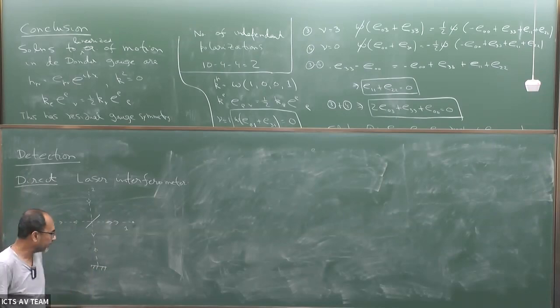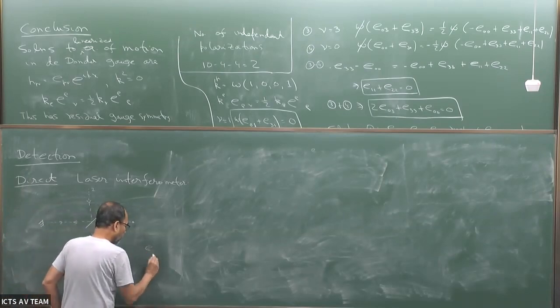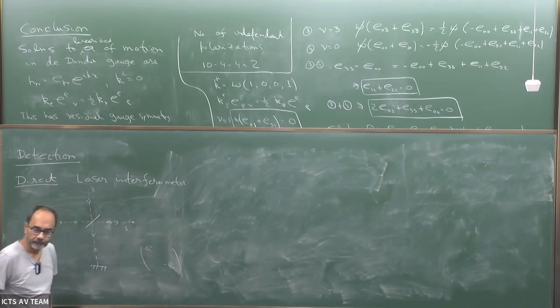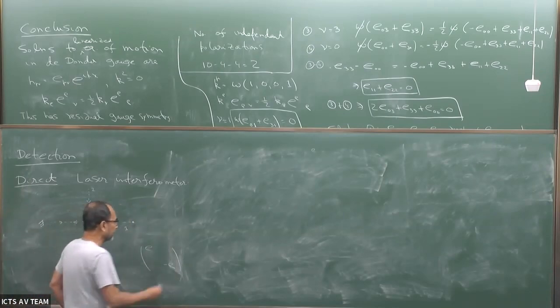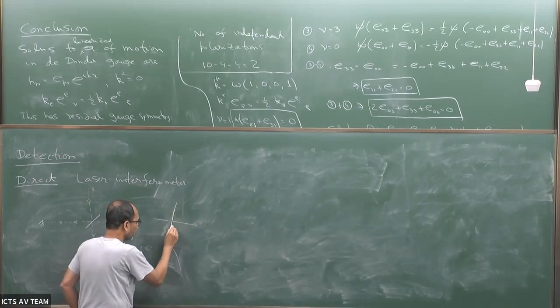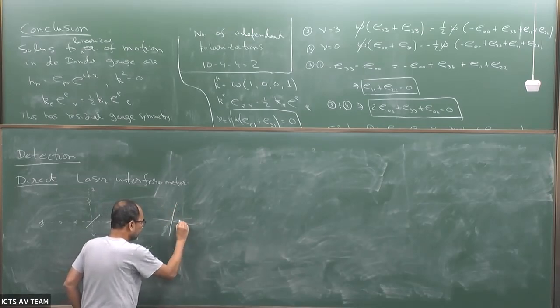So imagine that you have a plus polarization that has come, with E and minus E oscillating. But your detector is oriented in some other direction. Imagine the detector is oriented at an angle theta. These are of course always perpendicular, but imagine that this angle is theta.